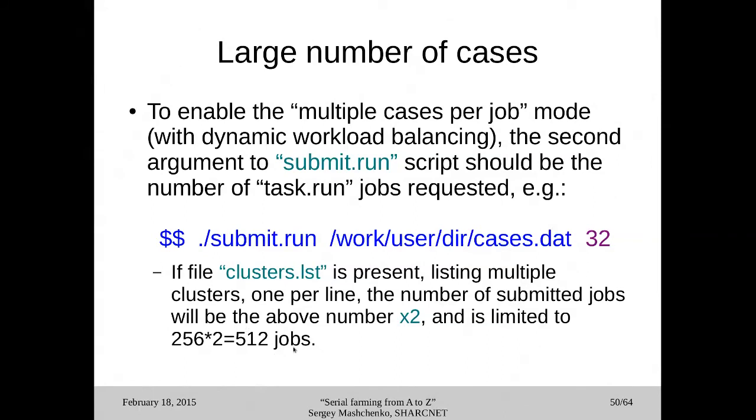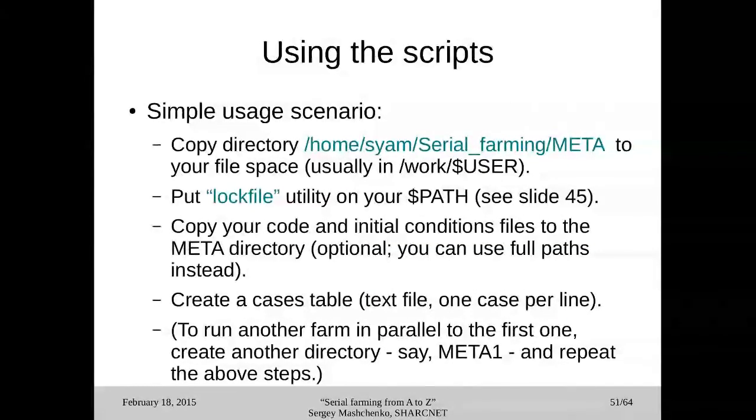You cannot have more than 256 jobs running anywhere in Sharcnet at any time. So with a factor of 2 overcommit, you can only submit up to 512 jobs across all the clusters in your list file. Only half of those jobs will ever be able to run because of that 256 running job limit.